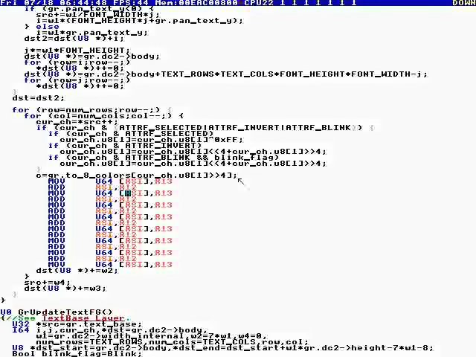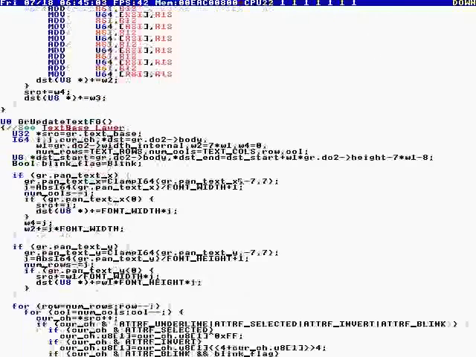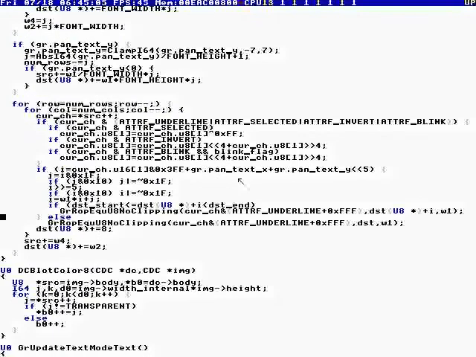They're not stored like that. Anyway, it fills in the background color, then it uses the font to make the foreground, and the foreground can be shifted off the grid.